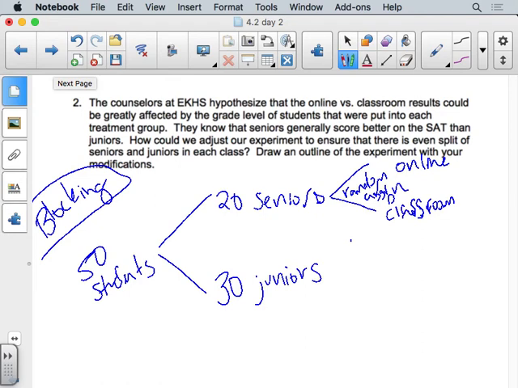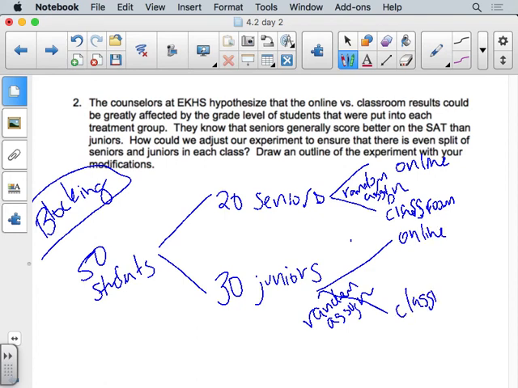Classroom. Okay. Same thing for here. I'm going to make sure I'm pointing out that I didn't just put them; I'm letting some random number generator randomly assign them into online versus classroom. So blocking is just first we purposely split them on some characteristic, then we carry out the experiment, and then I want to compare seniors online and in classroom, compare juniors online and in classroom, and then compare seniors and juniors.